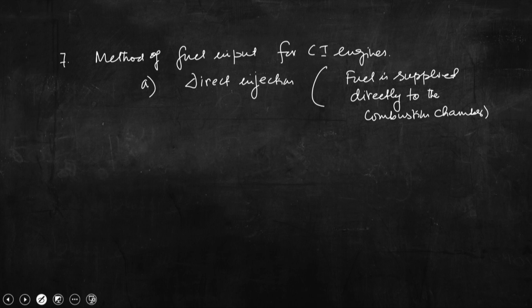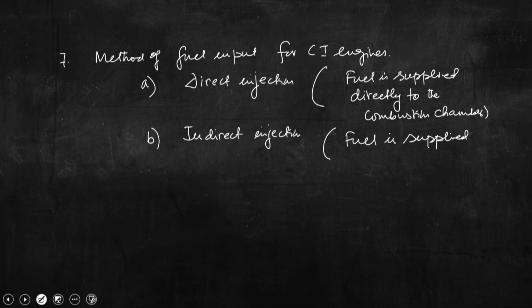And subtype B is indirect injection. In this case, certainly you can understand, instead of supplying fuel directly to the combustion chamber, fuel is supplied to the secondary chamber first.